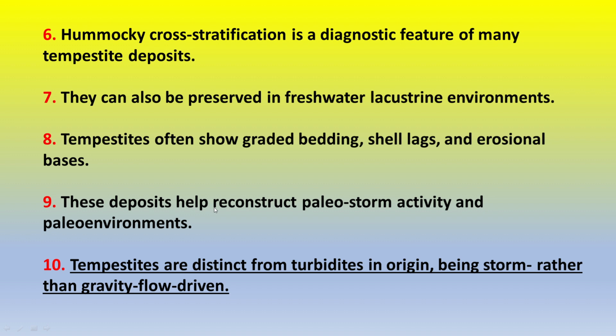These deposits help reconstruct paleostorm activity and paleo environments. Tempestites are distinct from turbidites in origin, being storm rather than gravity-driven flow. Turbidite is gravity-driven flow and tempestite is due to storm.